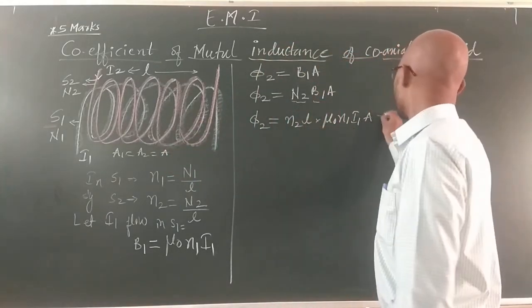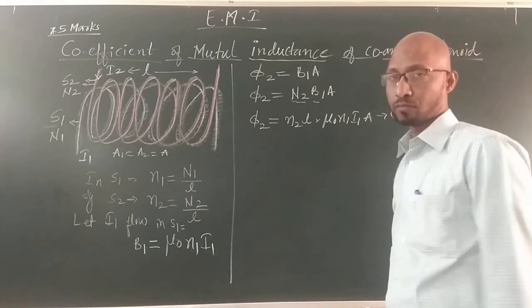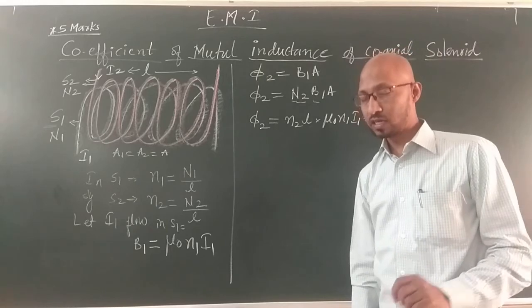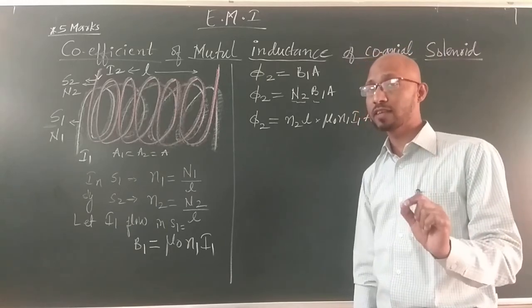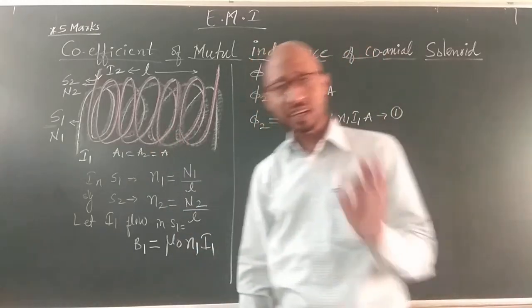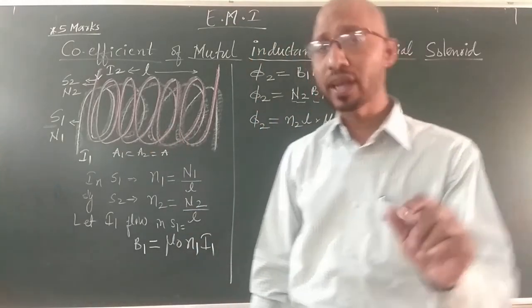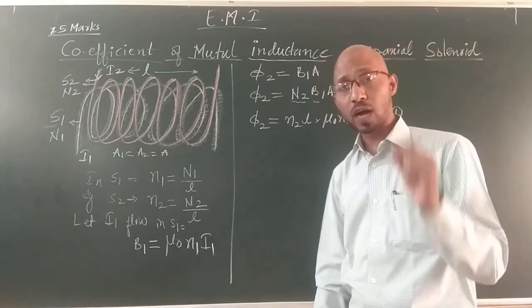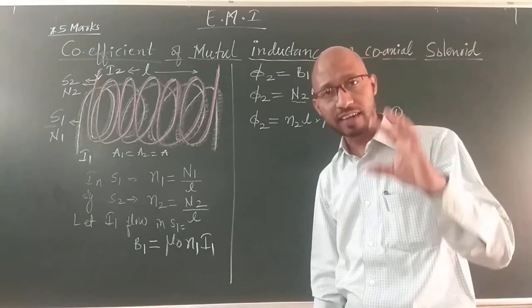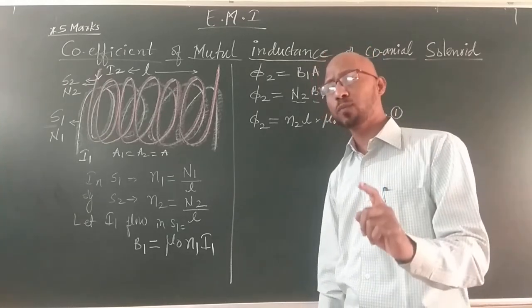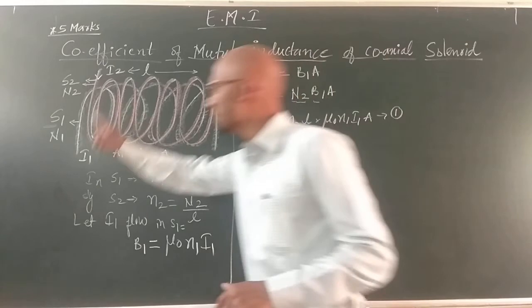Now this is equation number 1. According to the definition of mutual inductance, the flux linked with the second solenoid is directly proportional to the current flowing in the first solenoid. Whatever amount of flux is generated in the second solenoid is directly proportional to the current flowing in the first solenoid.